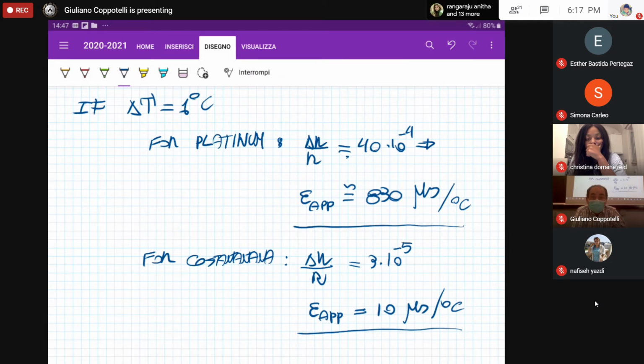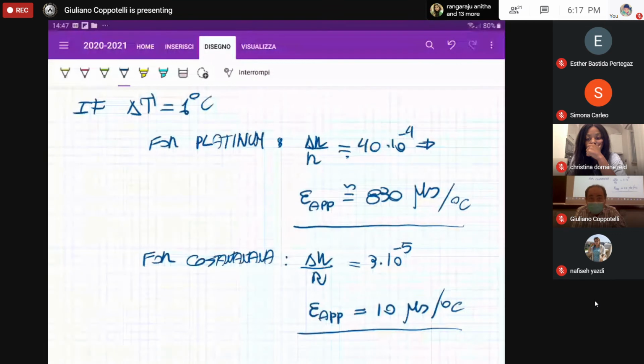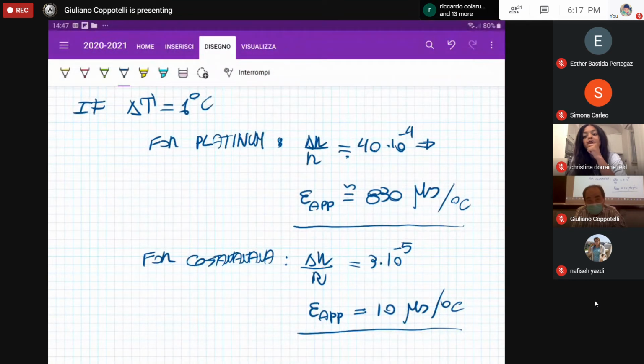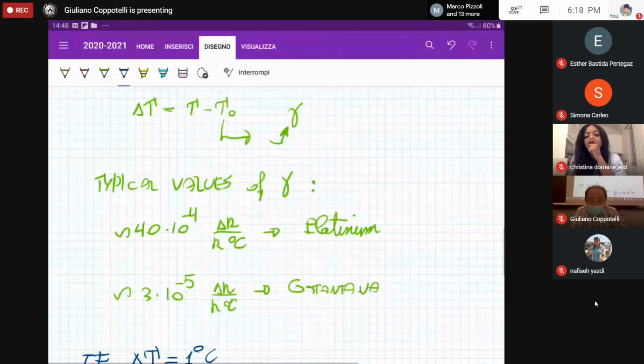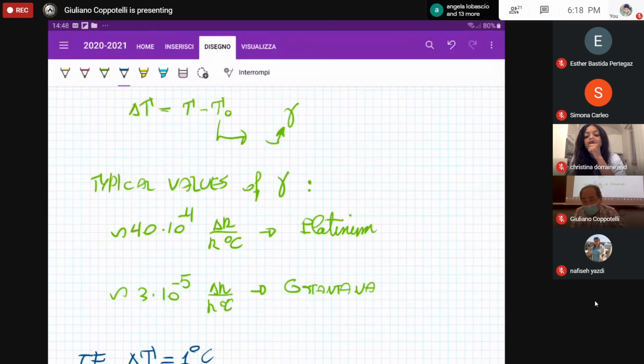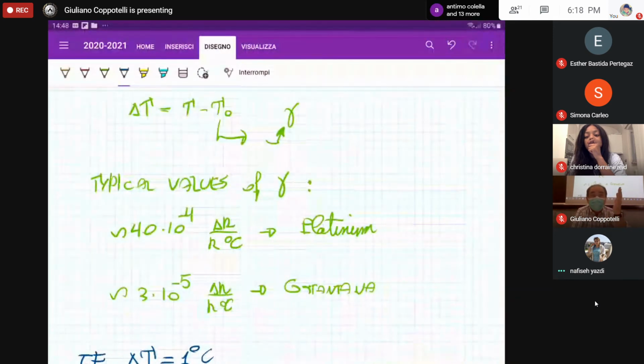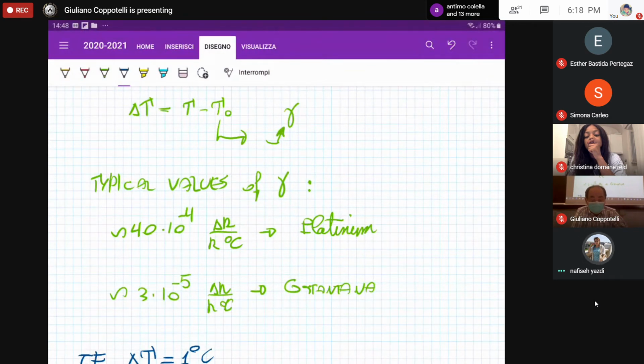So I will use platinum-based strain gauges to measure a temperature field instead of the strain itself. On the contrary, I will use Costantana-based strain gauges to measure the strain field, and I have to compensate the temperature effect in other ways. And that is mainly due to their corresponding different values of the gamma coefficient, that are orders of magnitude in difference. Okay, thank you. You're welcome.